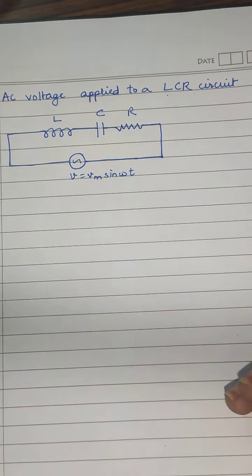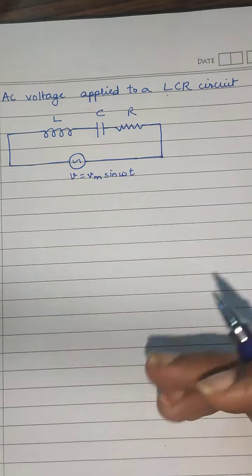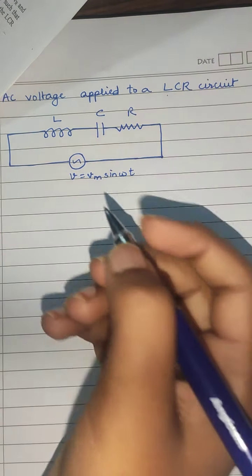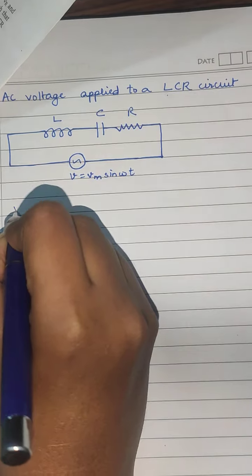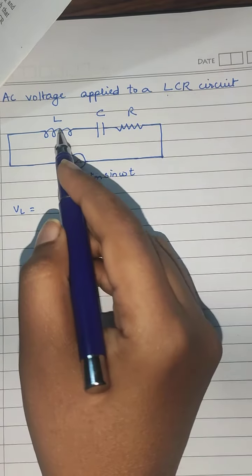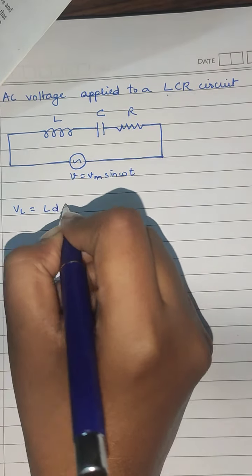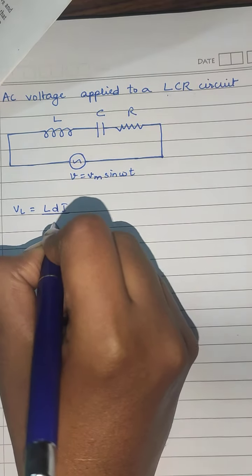For this we are going to find out how much is the current and the voltage that needs to be applied. The voltage across the inductor will be L di by dt.